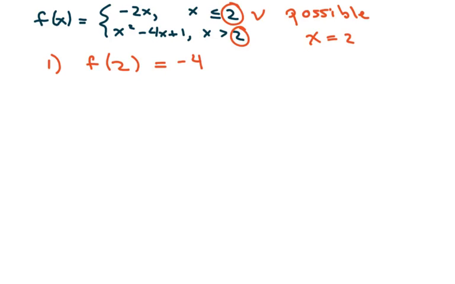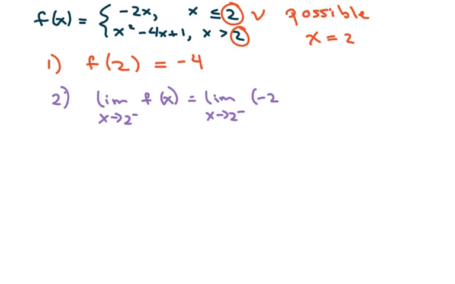And then we're going to check for the limits, left side and right side. So we check the limit as x approaches 2 from the left of f of x, which equals the limit of -2x, which we already know is -4.